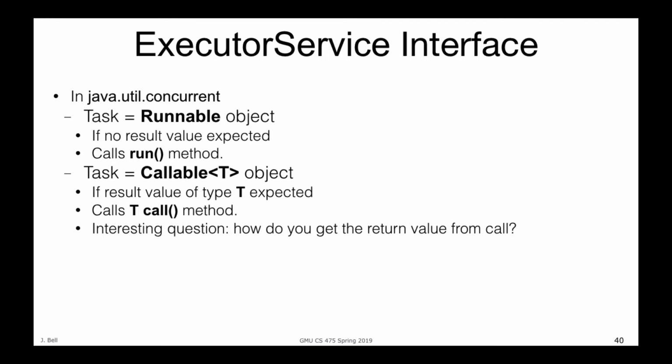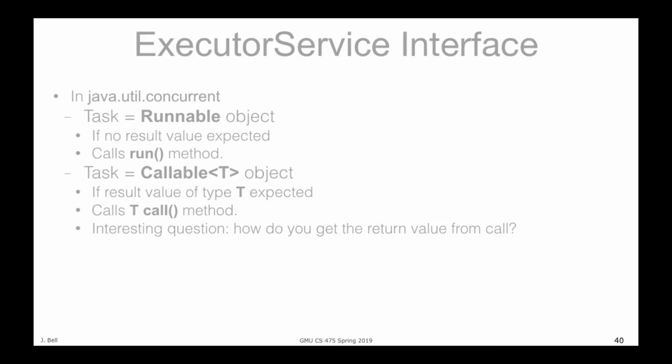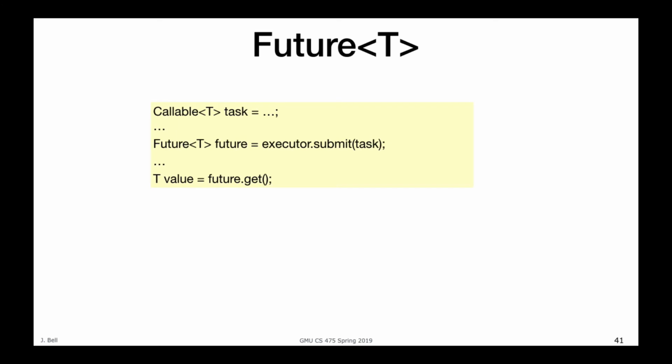What's particularly interesting here, and something we'll focus on, is how we get the return value from that call. Because it's a little funky, right? We say execute this task, but it goes off and does it in the background. So how do we ever find out what the return value is? Here's how to use an executor service to compute some value asynchronously in a background task and get the value back.